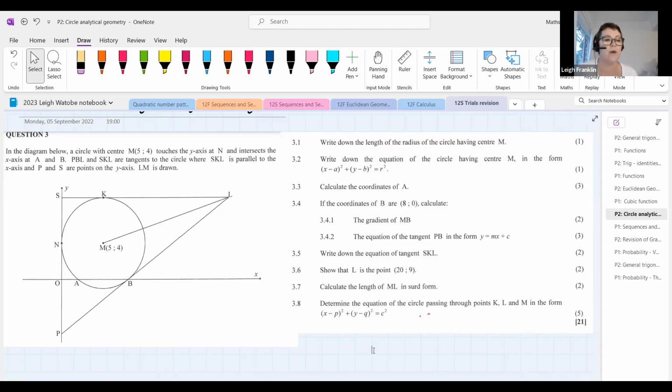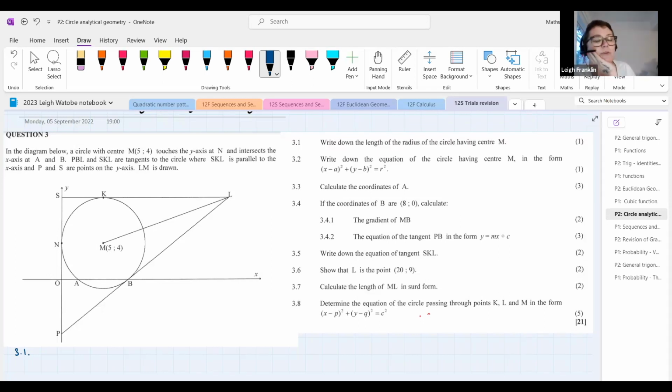All right, so the first question asks us to write down the length of the radius of the circle having center M. So this is an easy question, but if you don't know what to look at, it can actually be a little bit tricky.